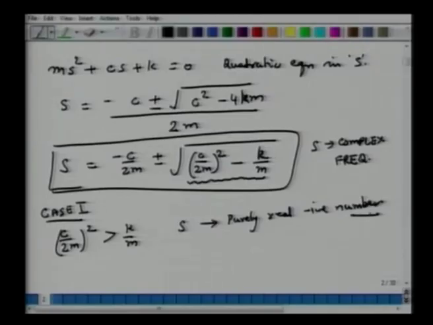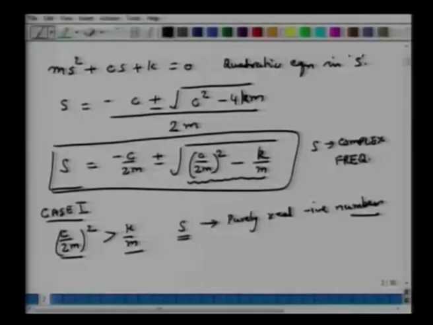So there is no imaginary component to s, and which in turn means that for a system where you have c over 2m square greater than k over m, there are no oscillations in the system. And such a system where c over 2m whole square is larger than k over m is called overdamped. Overdamped system.